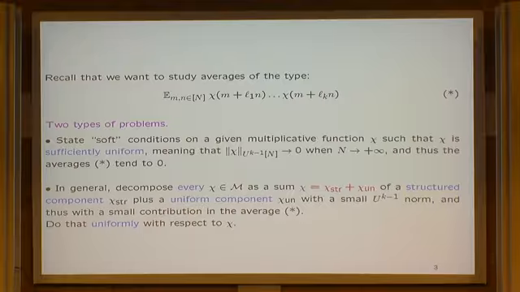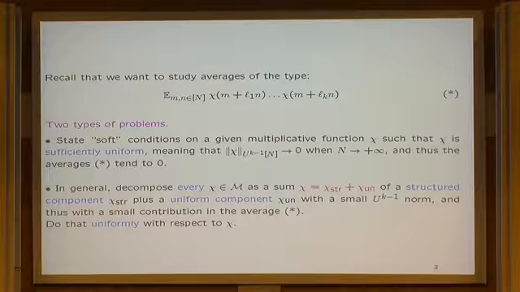The second problem is the following: for many multiplicative functions, the first condition doesn't hold. For example, for Dirichlet characters or n to the power it and so on, we want to decompose the multiplicative function as a sum of two objects.